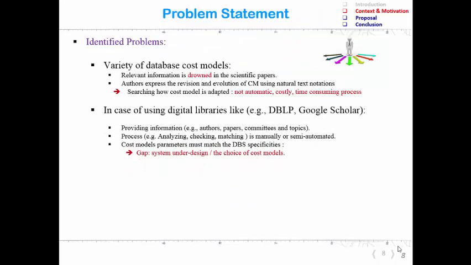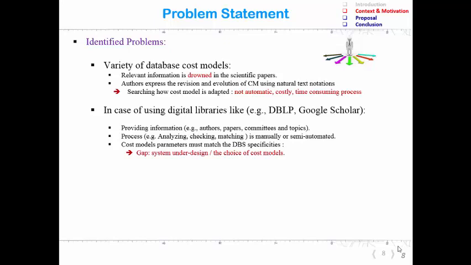From this, we can identify these problems. There is a variety of database cost models, and the revealed information is drowned in the scientific papers. Usually, authors express the revision and evolution of a cost model using natural text notation. Searching how a cost model is adapted is a manually costly and time-consuming process. Digital libraries like DBLP and Google Scholar help with scientific papers by providing information about other papers, committees and topics.